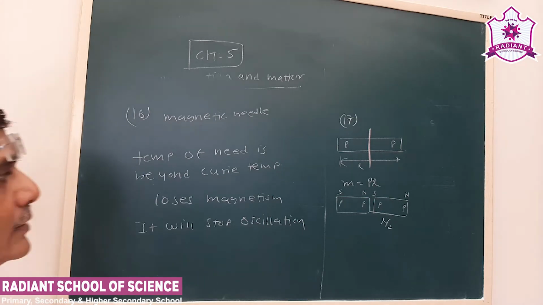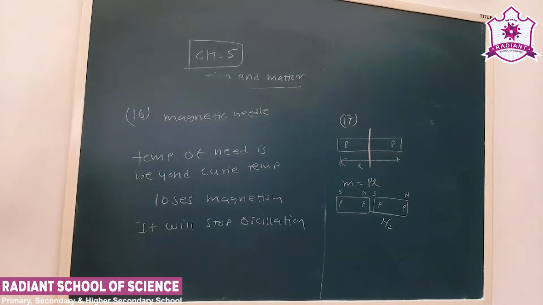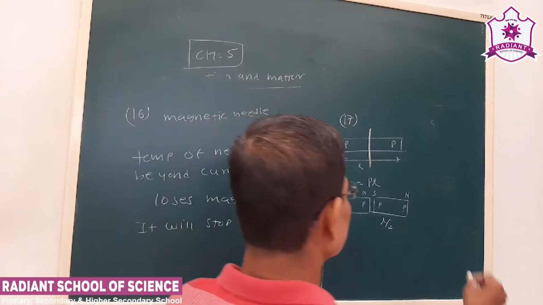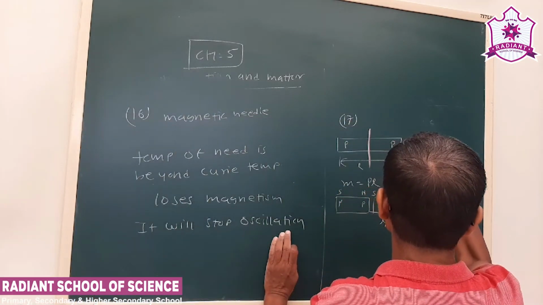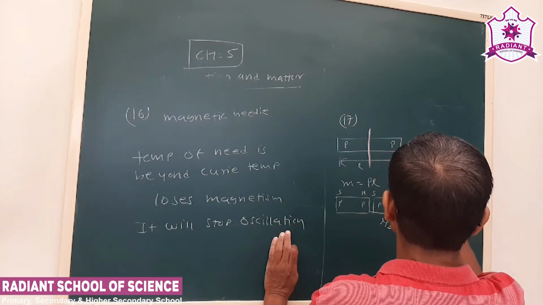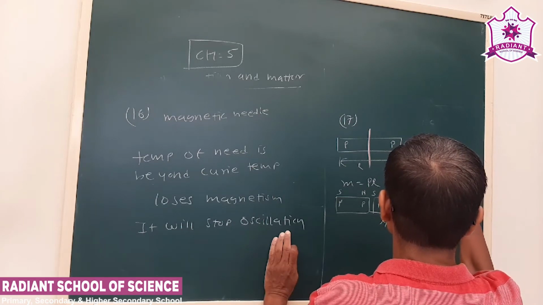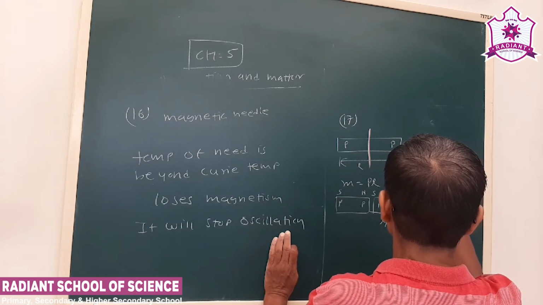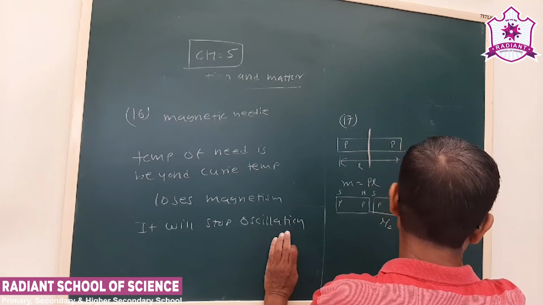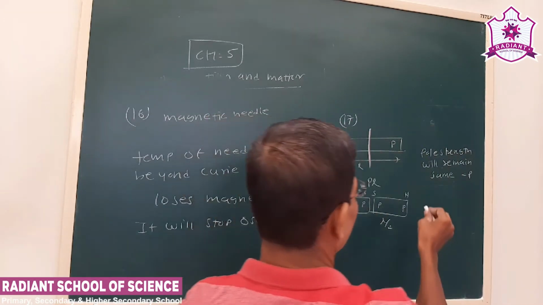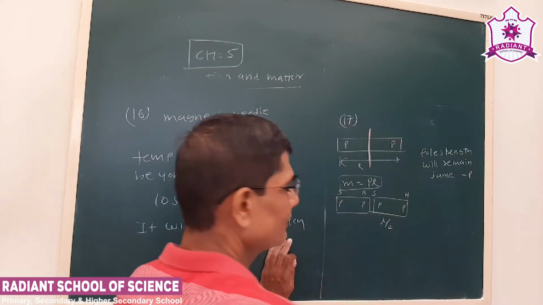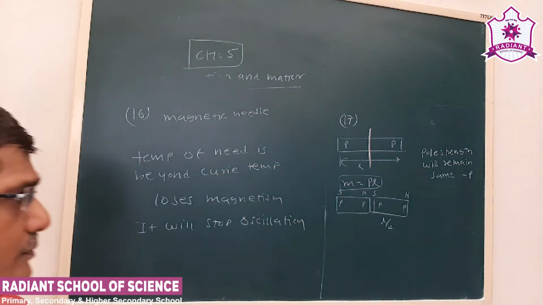See, when it is converted into two parts, the pole strength will remain the same. Length will become half. See here, M is equal to PL, that is our initial equation.